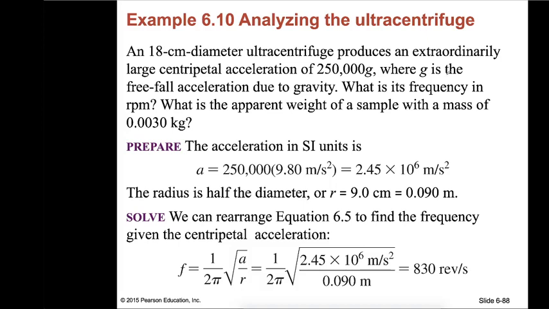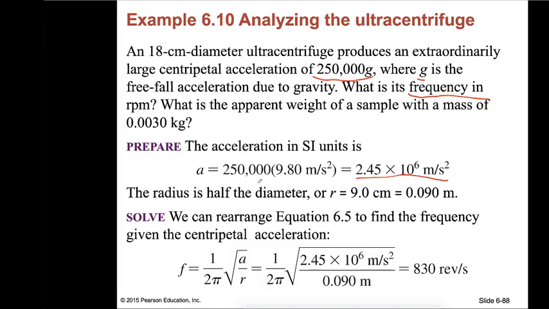Okay, so first, let's convert this acceleration into SI units. We know g is free fall acceleration, which is 9.8 meters per second squared. So a is 250,000 times g, which is such a big number. And then we're asked to calculate the frequency in RPM.